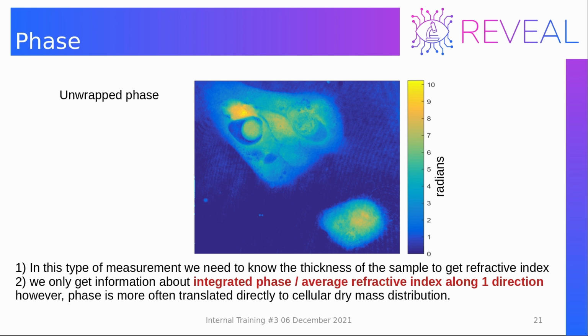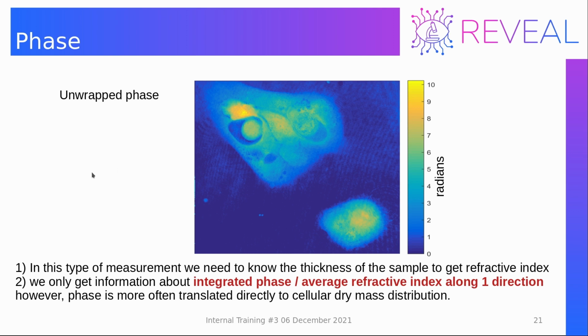And we have a similar thing here. So if, for example, behind this cellular structure there was another structure, we wouldn't know. We would only get information about the integrated phase, or in other words, we could only retrieve information about the average refractive index along one direction, the direction of the beam propagation.